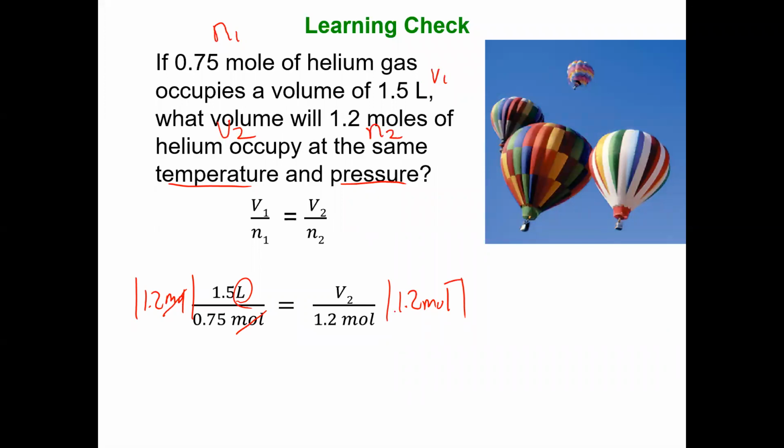On the right side, this entire value in unit cancels, leaving me with just V2. And I see that my final answer for V2 is 2.4 liters, which makes sense because again, I increase the number of moles, so the volume must increase if I want pressure, the number of collisions, to remain the same on the walls of the container.